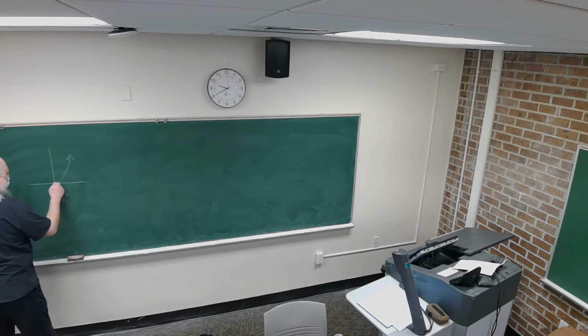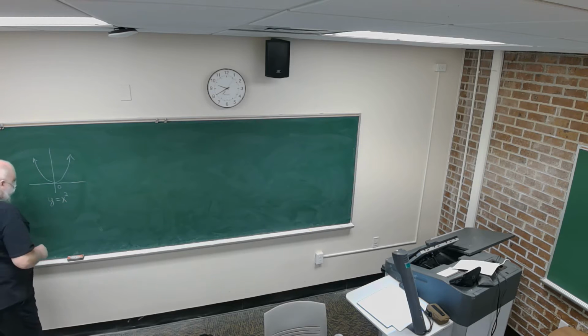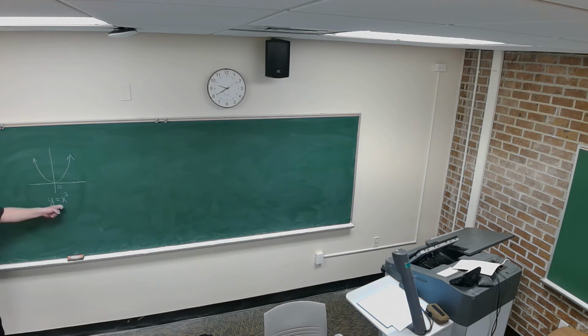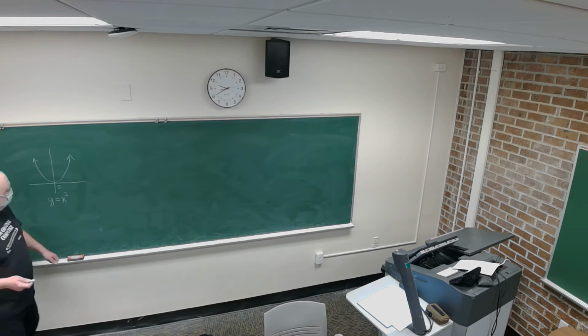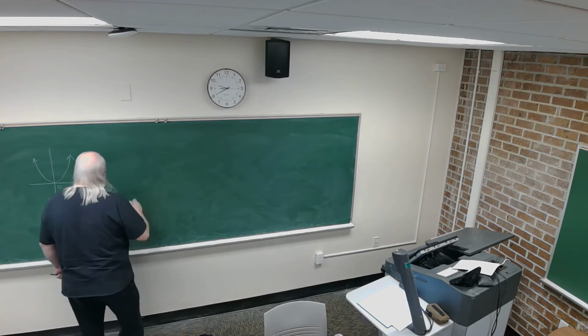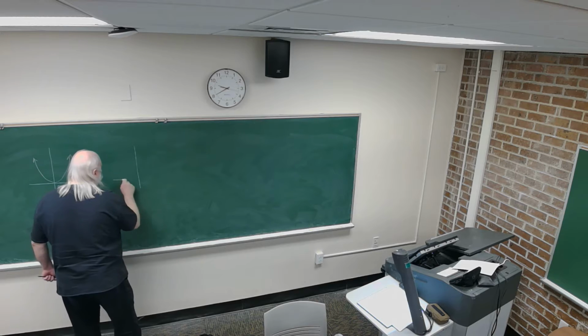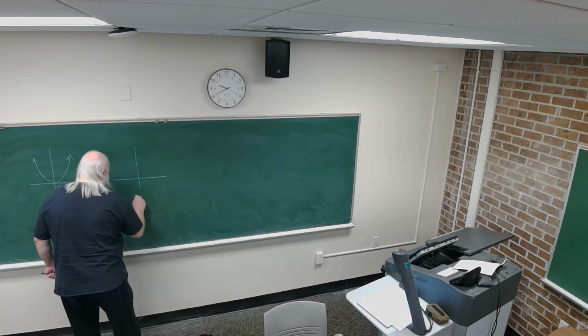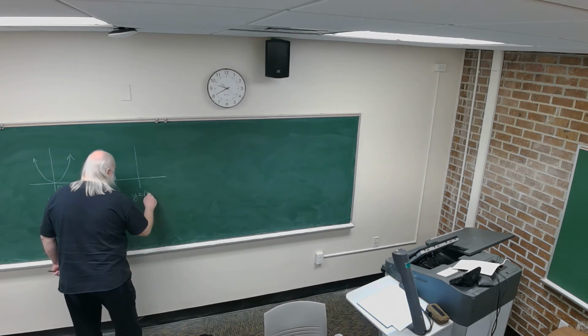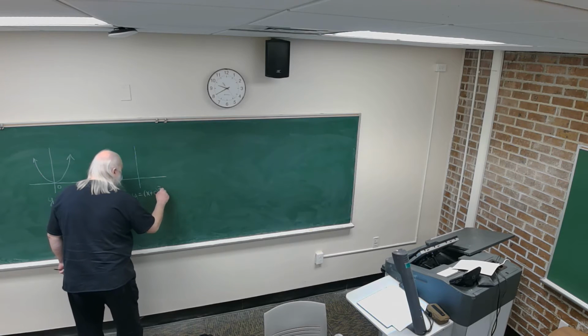It's a parabola that goes through the origin. So if I replace x with x plus c, where c is a positive real number, we get the graph of y equals x plus c squared.